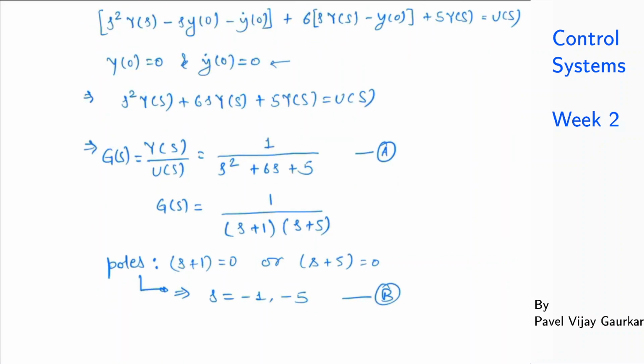Then we took the denominator polynomial and equated it to 0. That gave us the poles of the system. Since the numerator is a constant in the transfer function, there are no zeros in the system or transfer function.